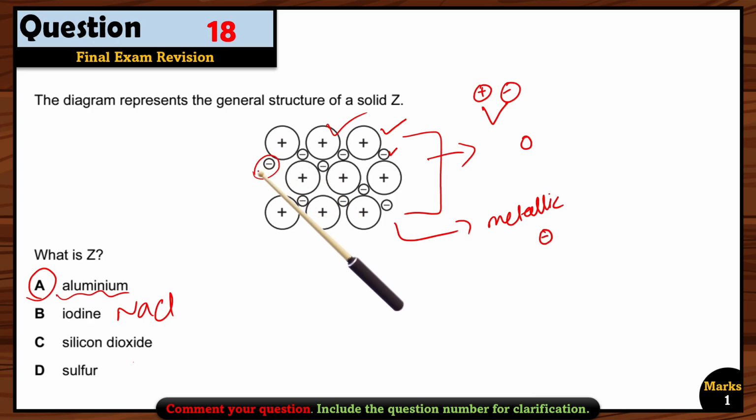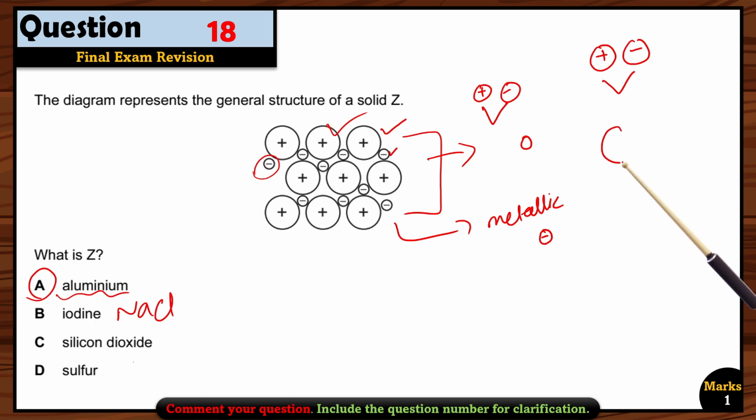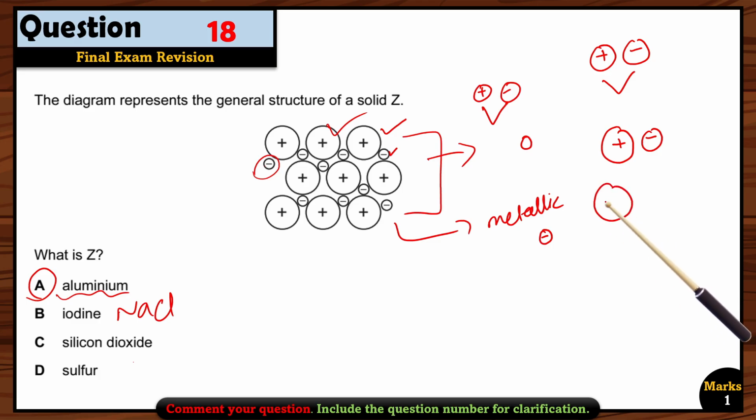You can see here. But in ionic compounds, the positive and negative ions might be the same in size, or the positive can be bigger and the negative smaller, or the negative can be bigger and the positive smaller. But the difference will not be as much as you can see here.